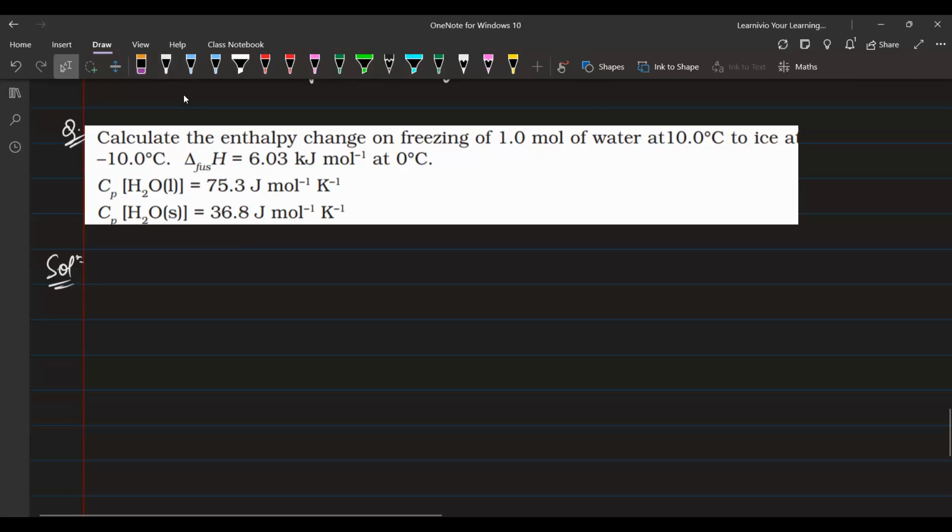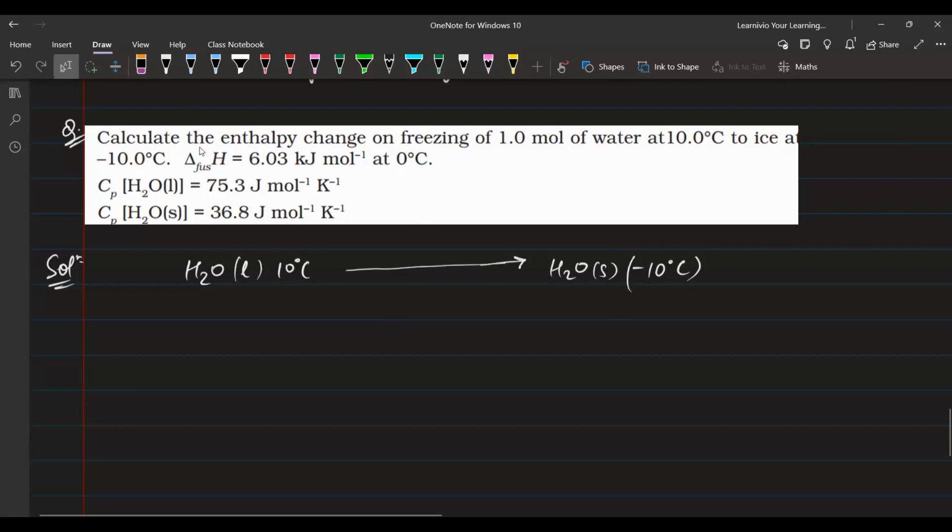So calculate the enthalpy change on freezing 1 mole of water at 10 degrees Celsius. So you have to start from water at 10 degrees Celsius, so obviously it is going to be liquid. Water solid at minus 10 degrees Celsius.